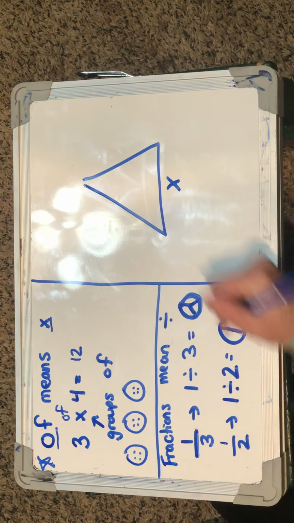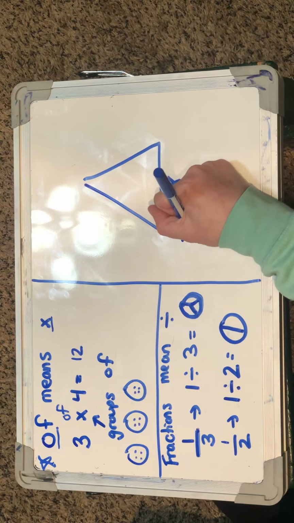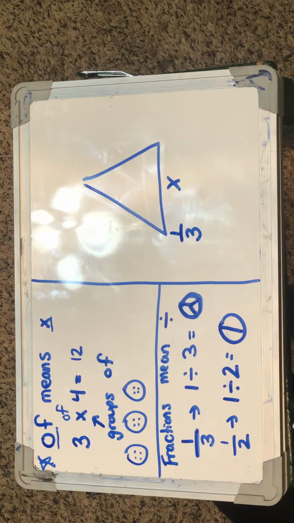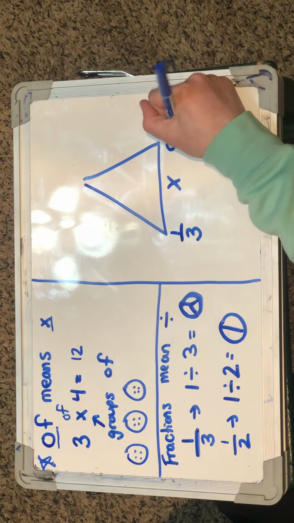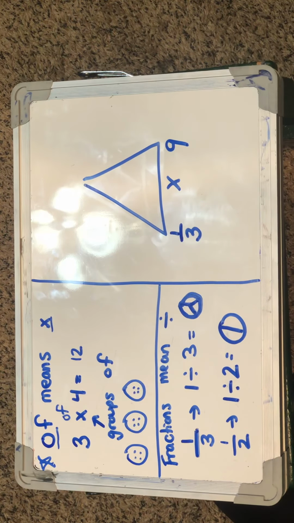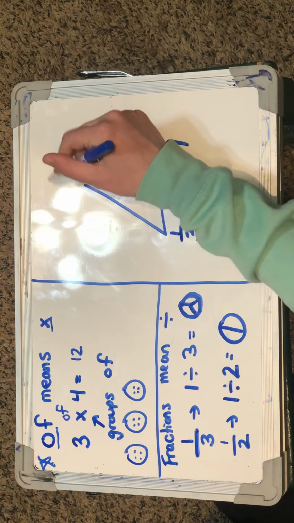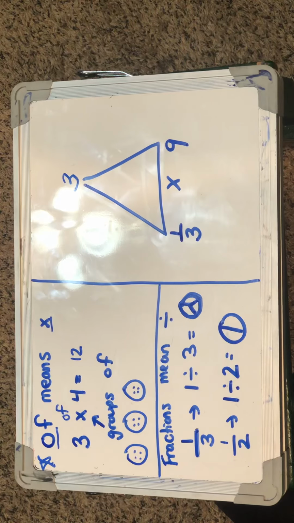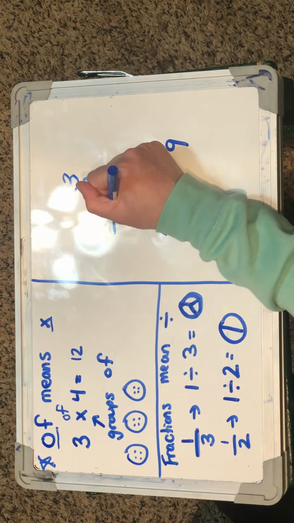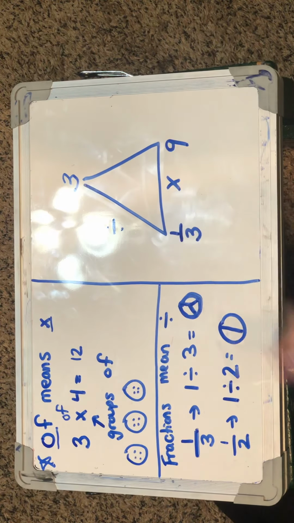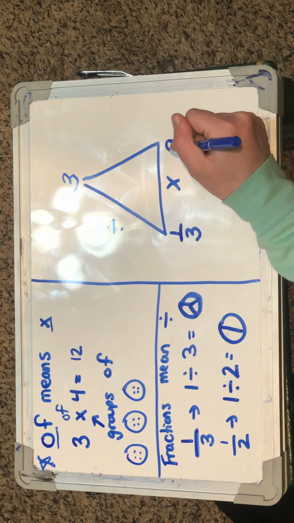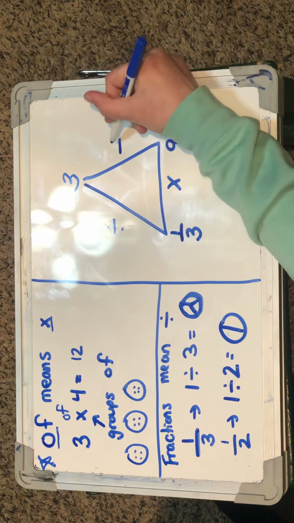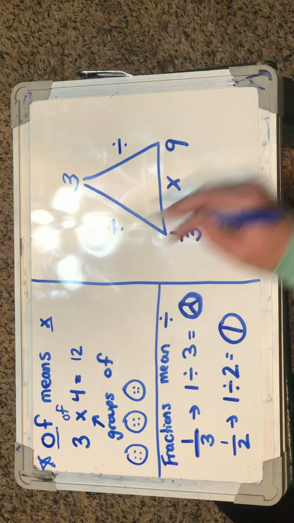So I'm just going to give you the answer for this one. But 1/3, and I'm going to go over a strategy for this in a minute, times 9 equals 3. That means that 3 divided by 1/3 is 9, and 3 divided by 9 is 1/3.